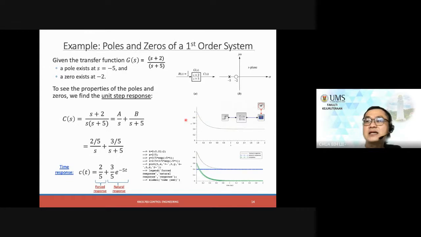Meaning to say, what we calculated mathematically, where we formed these equations and plotted them out, is exactly the same as what is simulated by Xcos. In Xcos, I do not put any equations. I only put the transfer function and the step, and it generates this line for me.